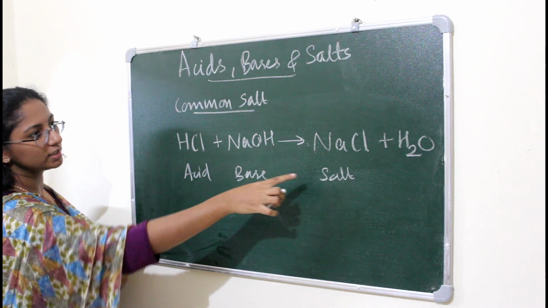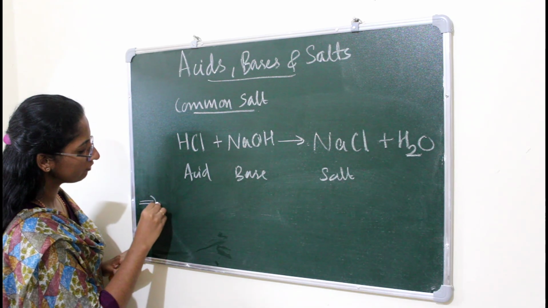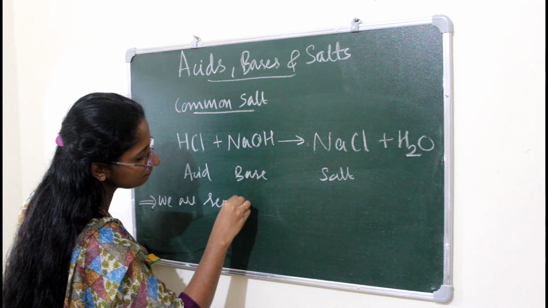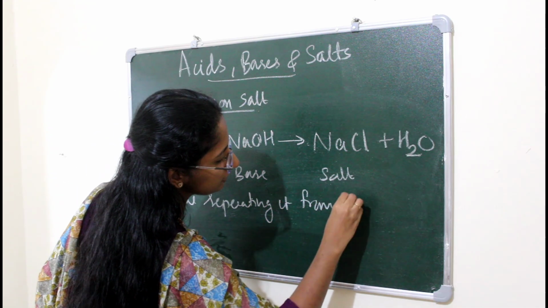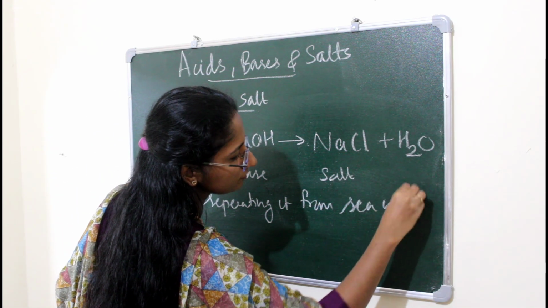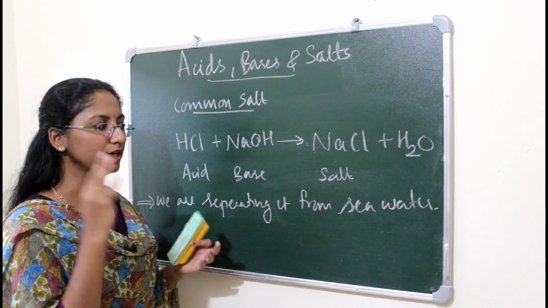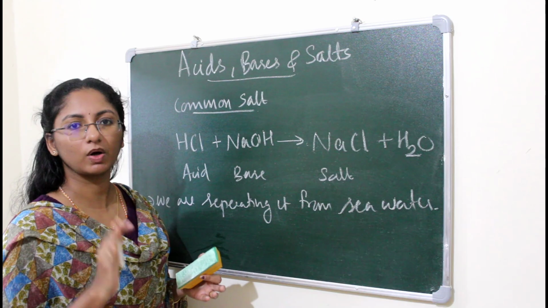The sodium chloride we call common salt. Actually we separate it from seawater, and the seawater contains many types of salts. From that abundance of salt we separate the sodium chloride salt.